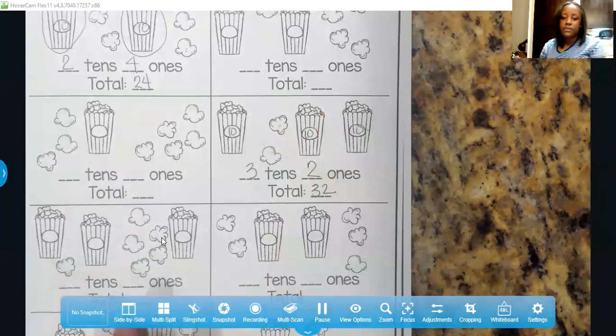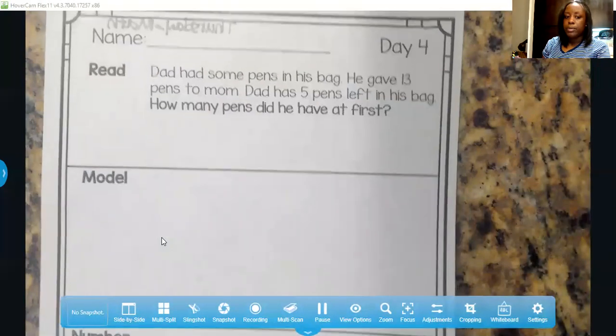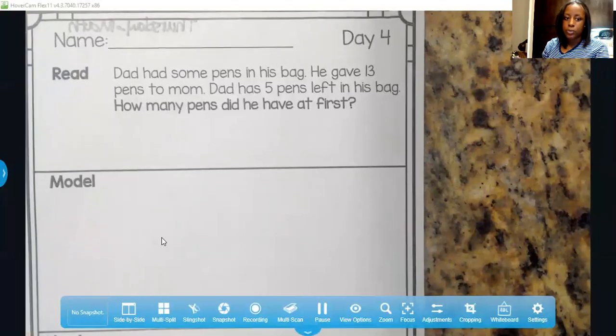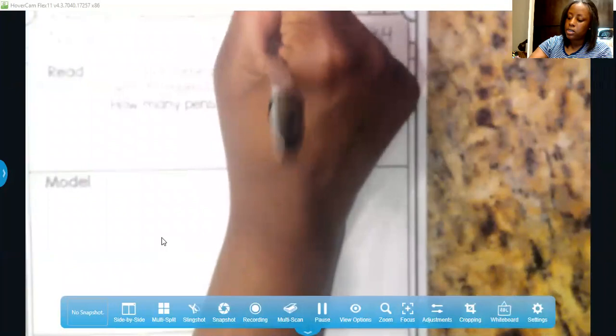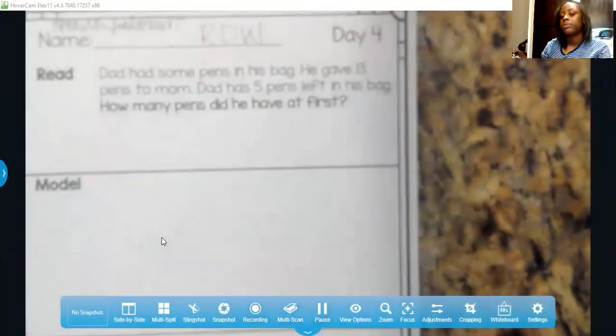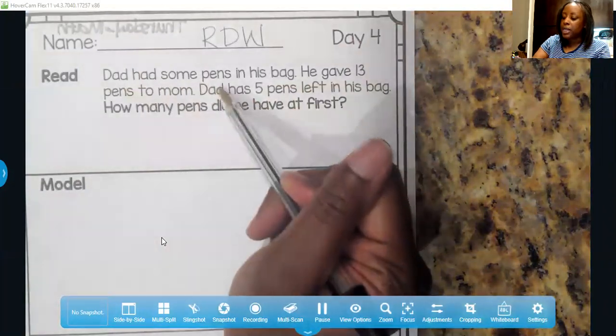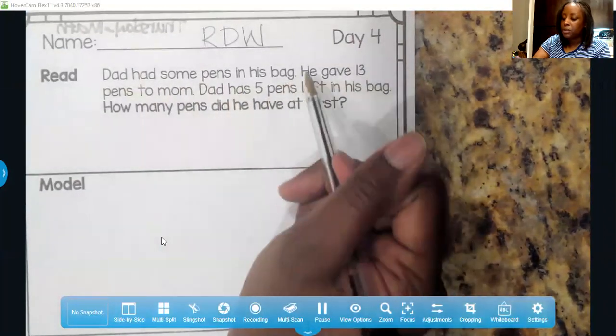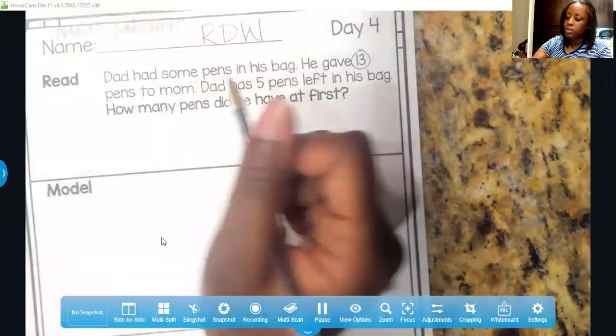And I'm just going to flip to the back and only show you the important parts of your word problem for today. Remember, we always read, draw, write. R, D, W. It's really important that you remember. Read, draw, write. Dad had some pens in his bag. He gave 13 pens to Mom.